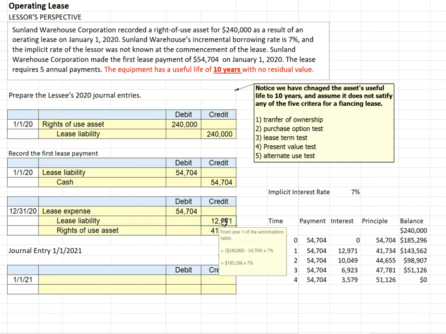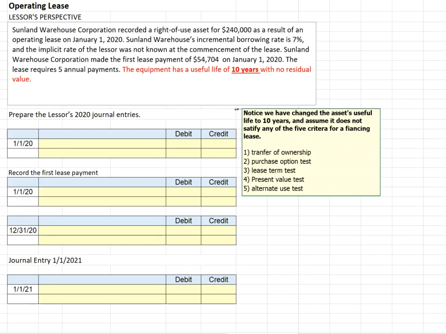And again, the reduction in our lease liability will come from the interest column in our amortization table, and the right-of-use asset will come from the principal portion of our lease table. And we're making that same entry throughout the life of the lease. And of course, as always, when we make a payment, we reduce cash and we reduce our lease liability.